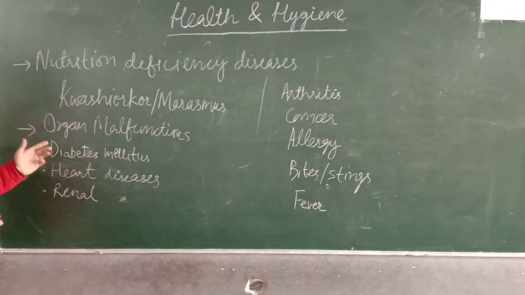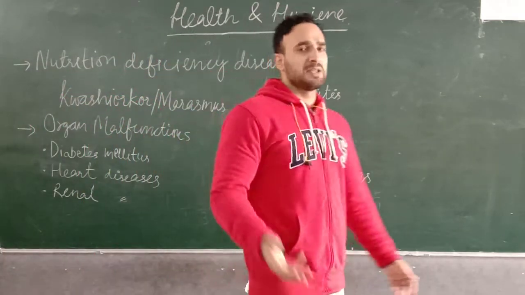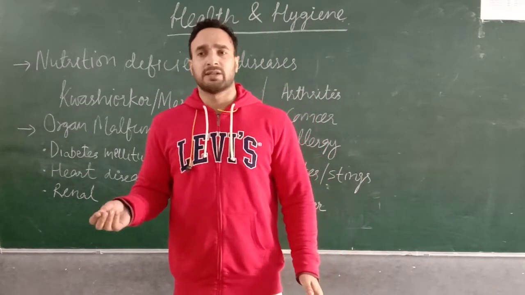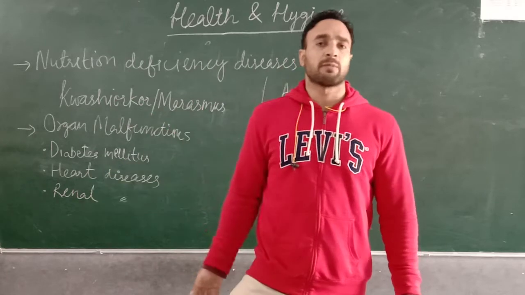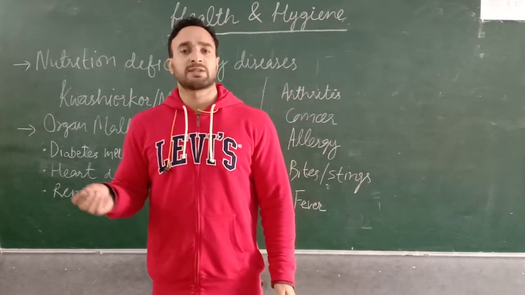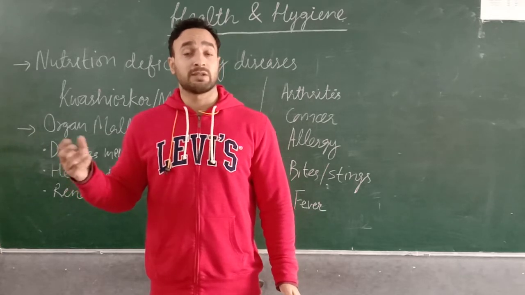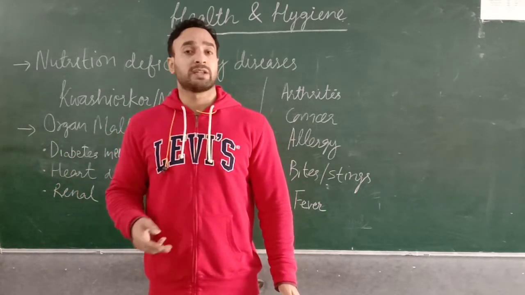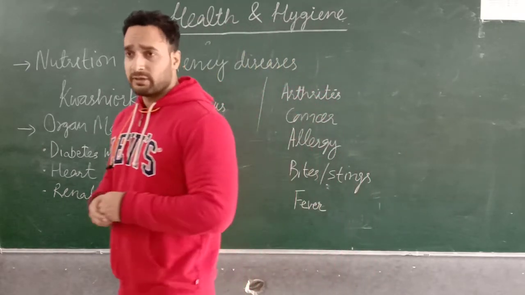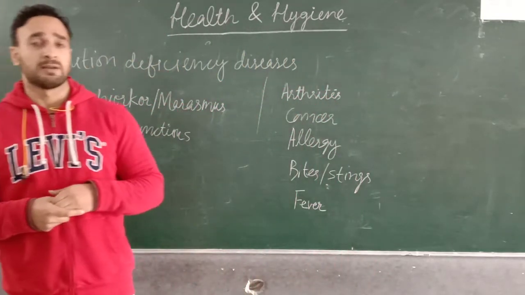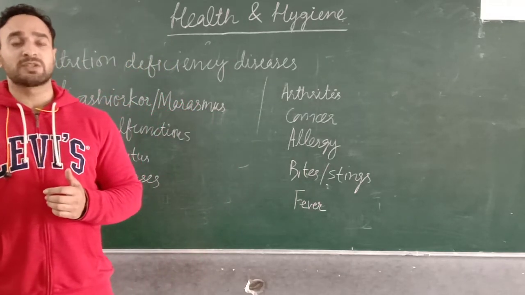Let's see how. The first disease is diabetes mellitus. What is diabetes mellitus? Diabetes mellitus is a disease found in a person wherein the glucose levels in the blood are greater than the normal range. Why so? There is an organ in our body which we call the pancreas, and the pancreas secretes the hormone insulin.